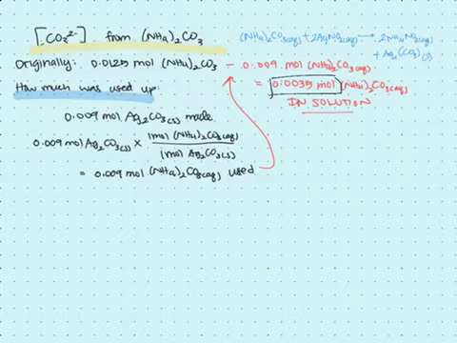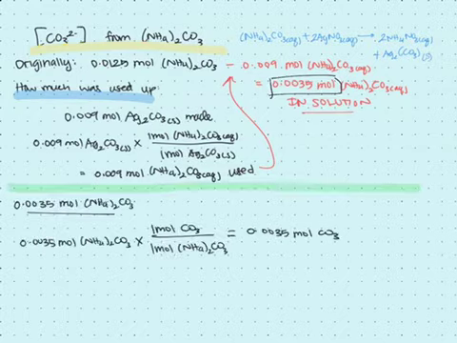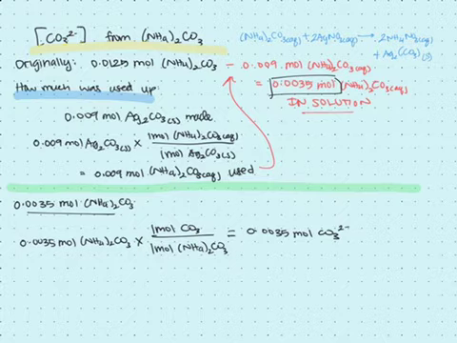Now we need to find the concentration of the carbonate ion from 0.0035 moles. To find the concentration of the carbonate ion, it's much the same as finding the concentration of the product.